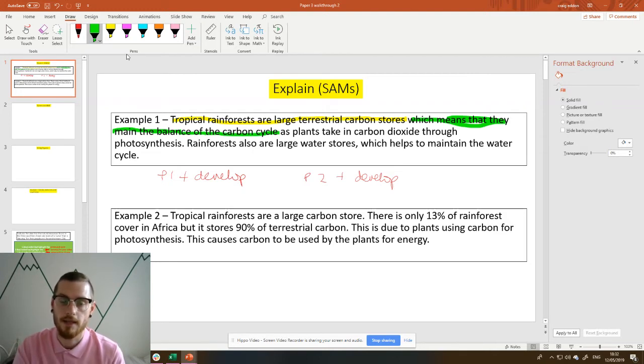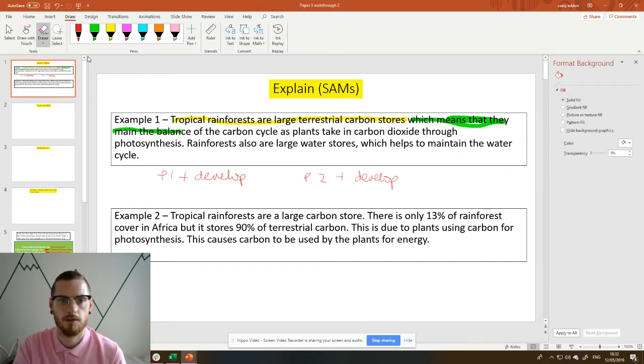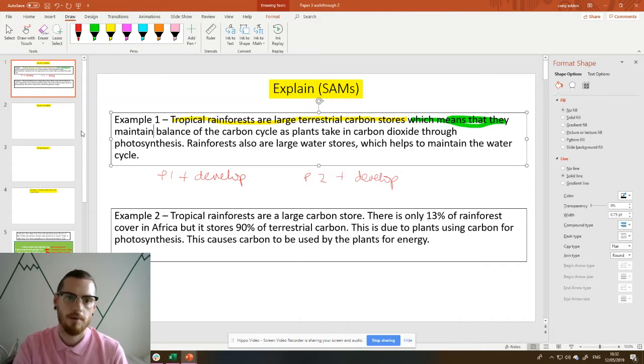Then that's going to be maintain. Sorry everyone, it's getting on a little bit. Let's just backtrack here. My bad. Let's rub this out and type that back. It's maintain, I think is what that's meant to be. Okay, so back to highlighting.